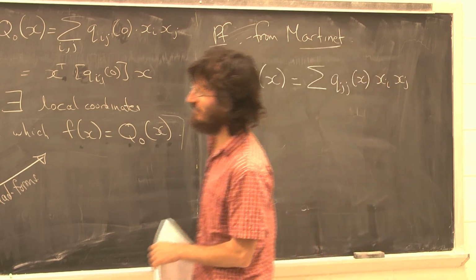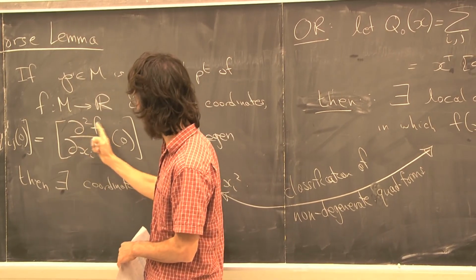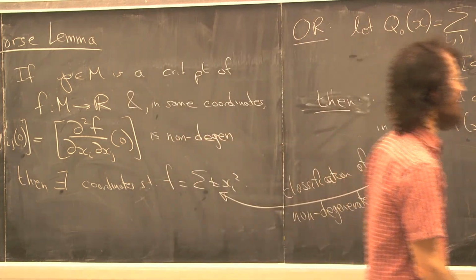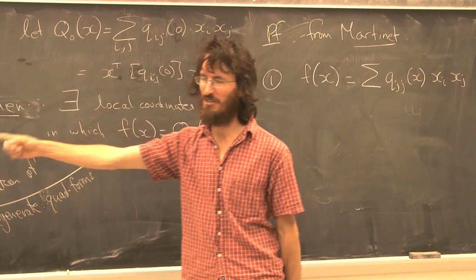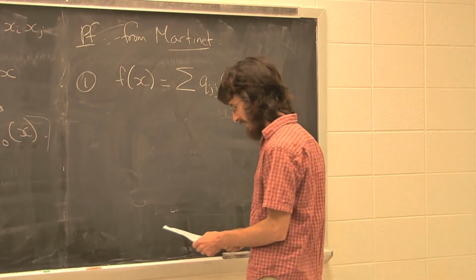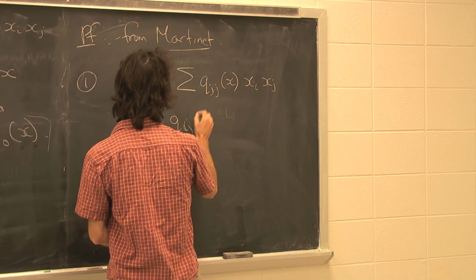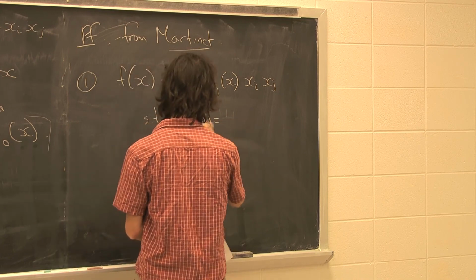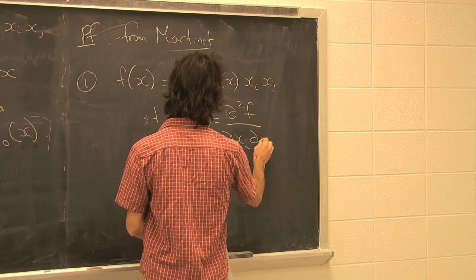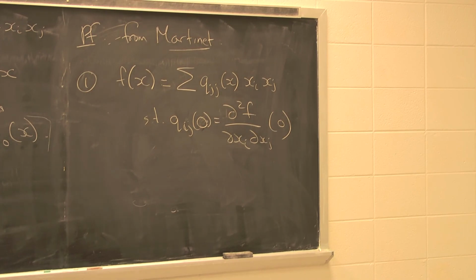Now, I might have misled you. q sub ij of x is not going to be the matrix of partial derivatives at a value x. So q sub ij of 0 is going to equal that, the second partial derivative with respect to x_i x_j at 0, but q sub ij of x is possibly some different function. If I'm at some other point, it's not necessarily equal to these exact partial derivatives.